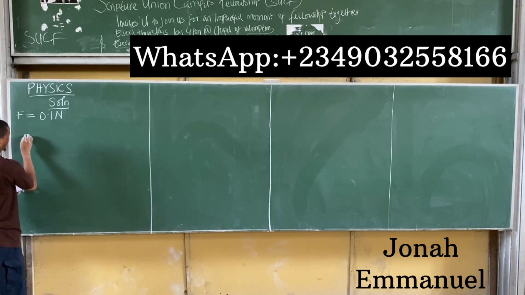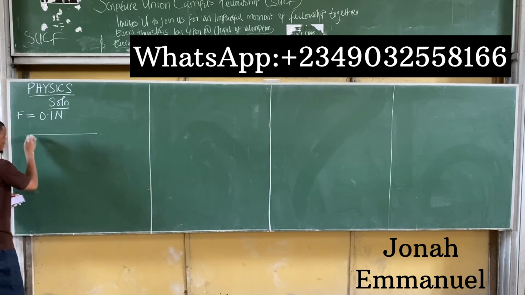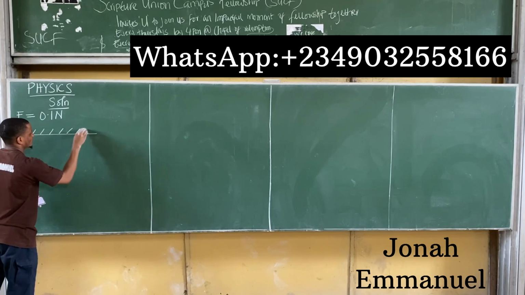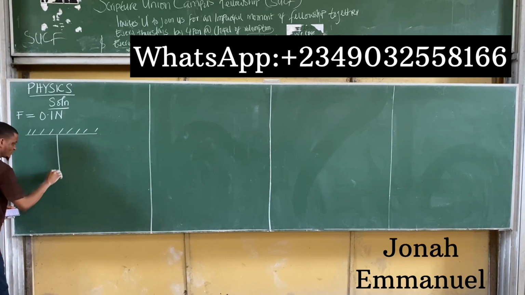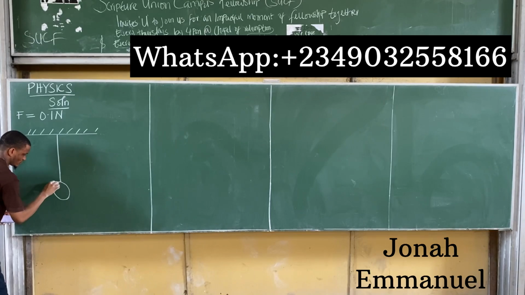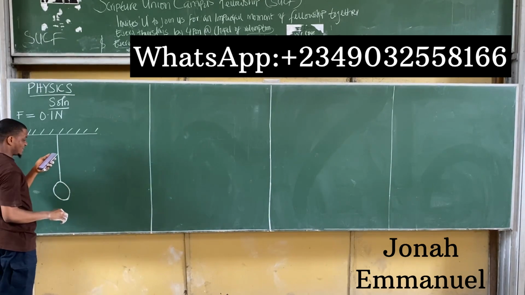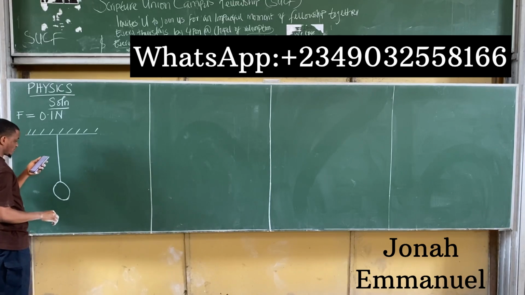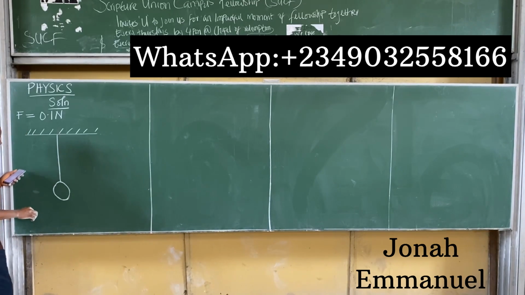So let me give you a diagram to explain this better. I have the bob hanging here. They said the mass there is about 1.5 kilogram. Now they said a horizontal force pushes this.